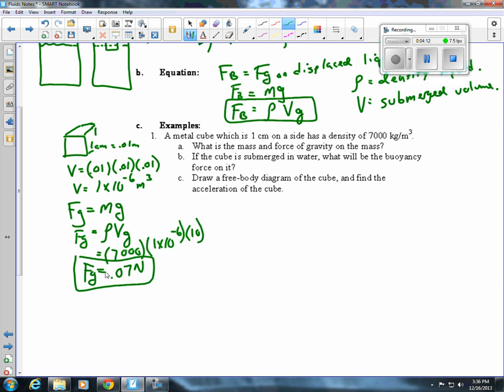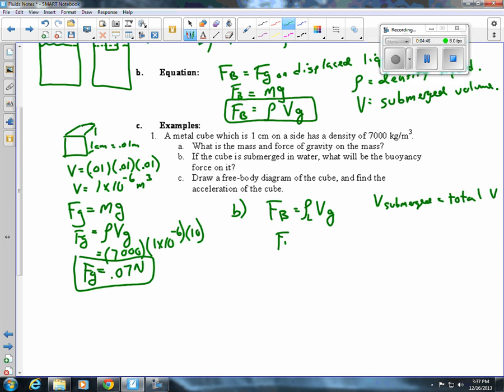Now, part B, the cube is submerged in water, and we want to know the buoyancy force. Okay? So now, for buoyancy, we're going to do F_B equals rho V g. But this time, it's the weight of the water that's displaced, so I'm going to use the density of the liquid times the volume submerged. Now, in this case, the volume submerged equals total volume because it's completely underwater.